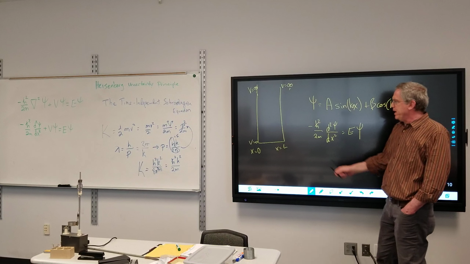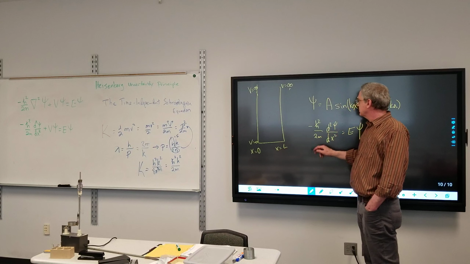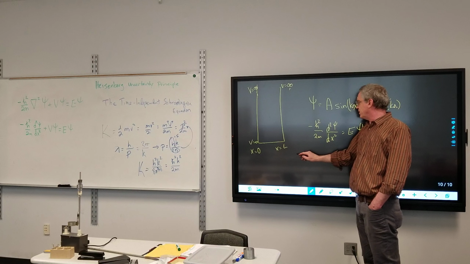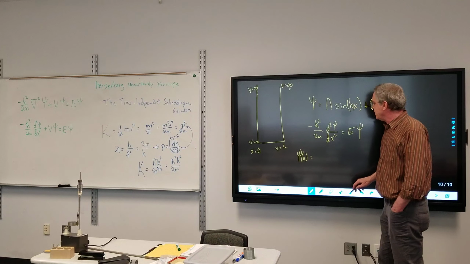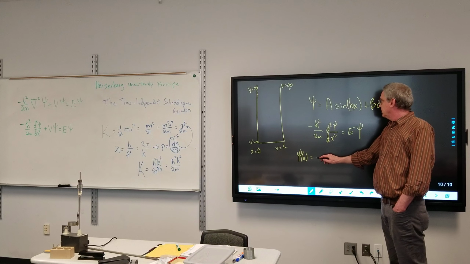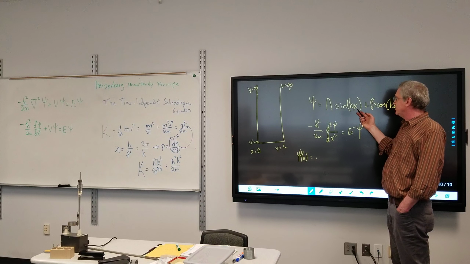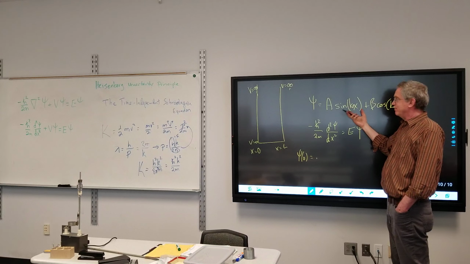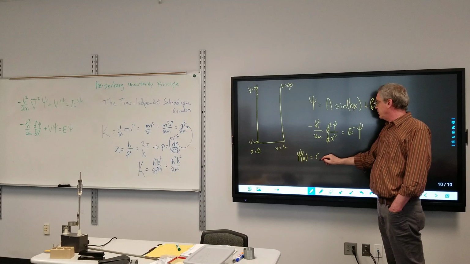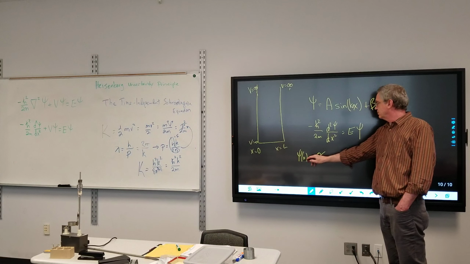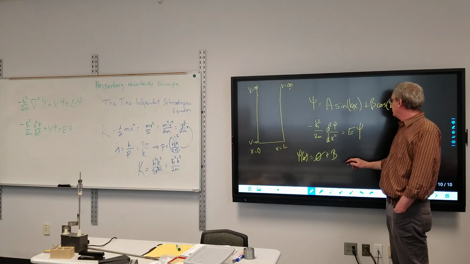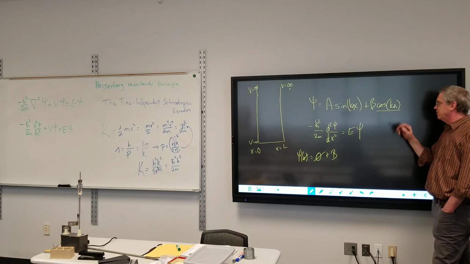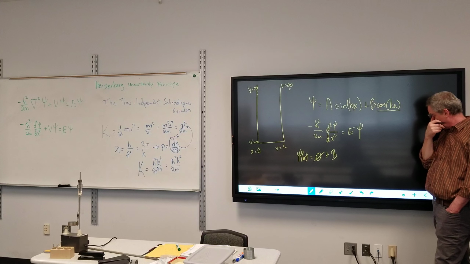I have some boundary conditions here, because this is a function with respect to x. So at x equal to 0, psi of 0 is equal to, well, if x is 0, this goes away, so 0, plus B times, well, plus B, because cosine of 0 is, sorry, cosine of 0 is 1.